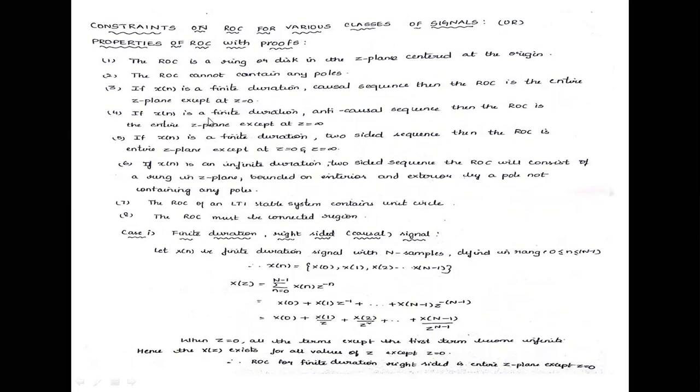And the fourth point we discussed: for a finite duration anti-causal sequence, the ROC is the entire Z plane except z equal to infinity. And for a two-sided finite duration sequence, it is except z equal to 0 and z equal to infinity. And the sixth point we discussed: if x(n) is an infinite duration two-sided sequence, the ROC will consist of a ring in the Z plane bounded in the interior by the anti-causal pole and in the exterior by the causal pole, not containing any poles. Got it, my dear students?